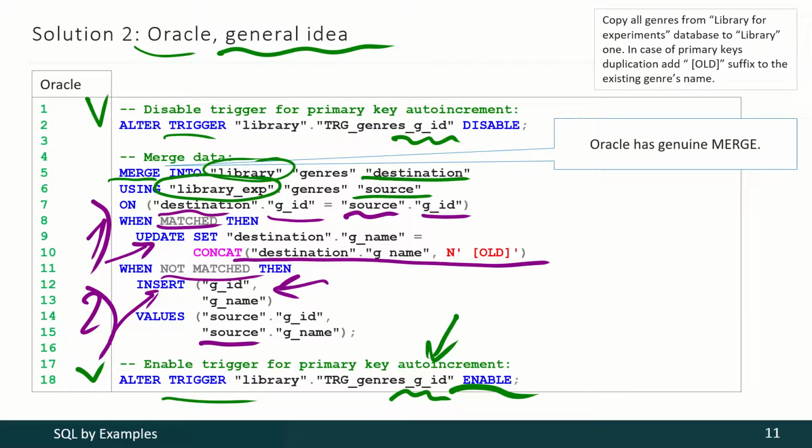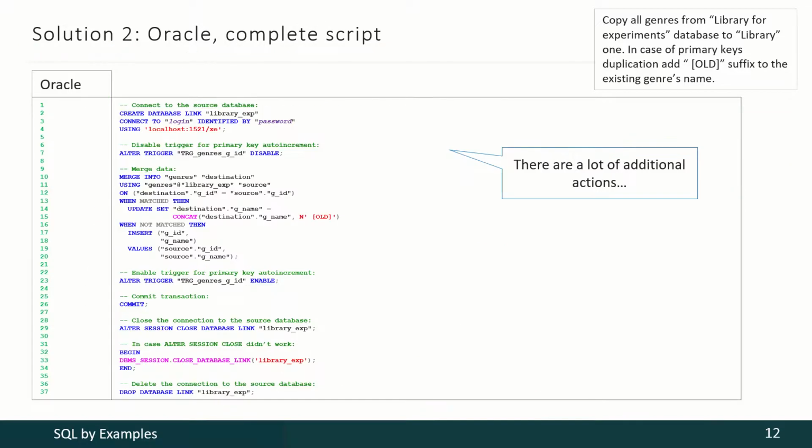One can easily guess that for this solution to work, you have to have access to these both databases. For MySQL and Microsoft SQL that's easy. You just have to provide proper permissions to that user you are logged in with. But for Oracle this is not easy. So here we have to perform some additional actions.